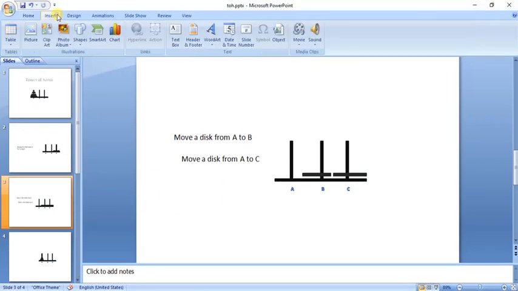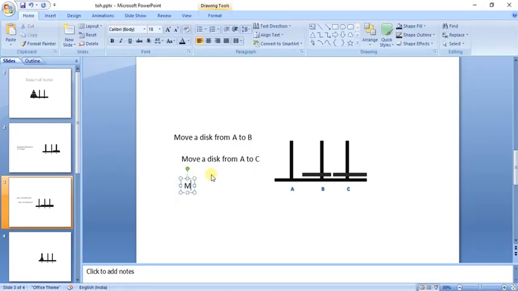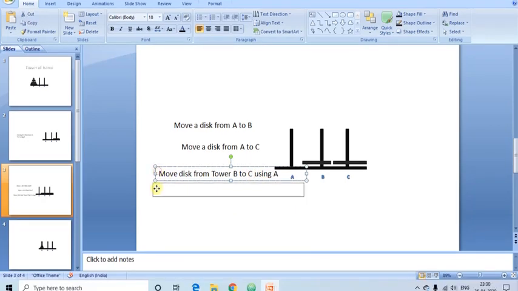Okay, next, move a disk from tower B to C. Again, this one is also recursive because now we are moving it from B to C using A. Wait a minute.